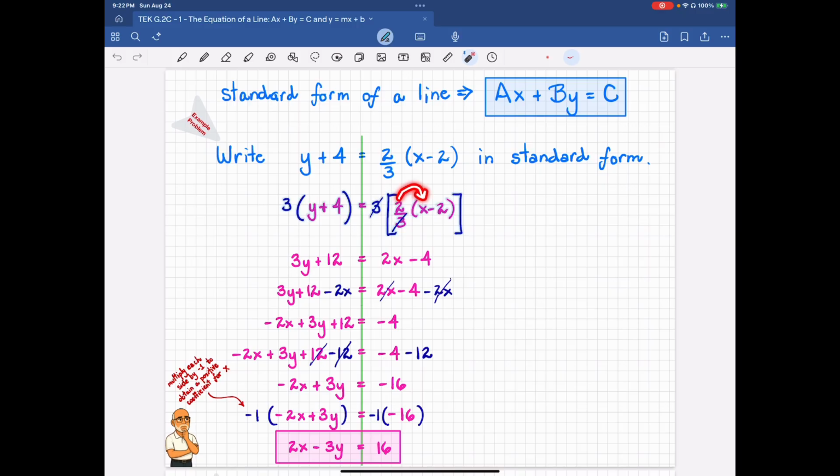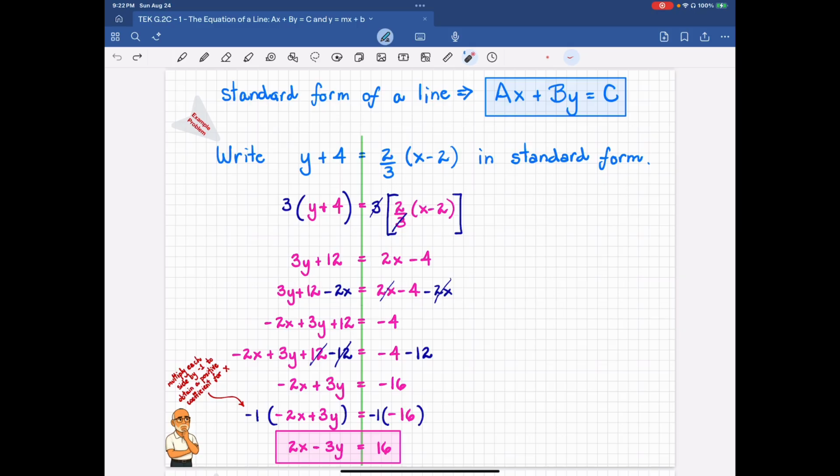You're going to go 2 times x minus 2 times 2. 2 times x is 2x. 2 times a negative 2 is negative 4. So what we did in that one step was we just knocked out that denominator. Things in our lives became so much easier by getting rid of that denominator.